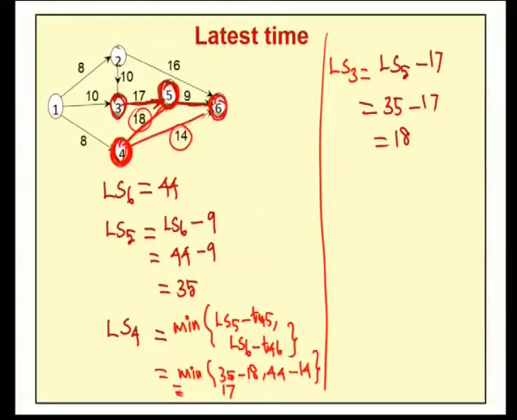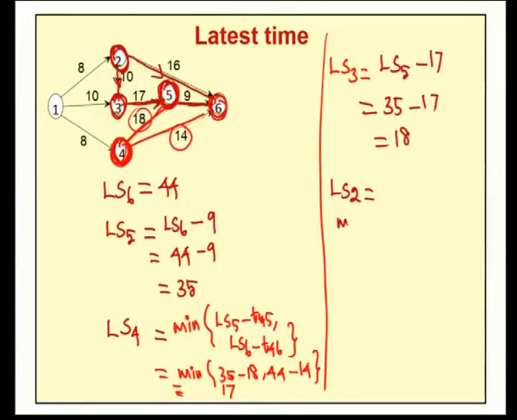Next we have to compute the latest time for node 2, which is LS2. For node 2 there are two outgoing activities, one is 2 to 3 and another one is 2 to 6.